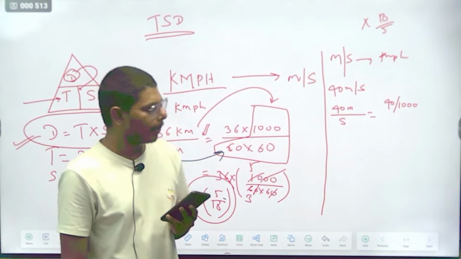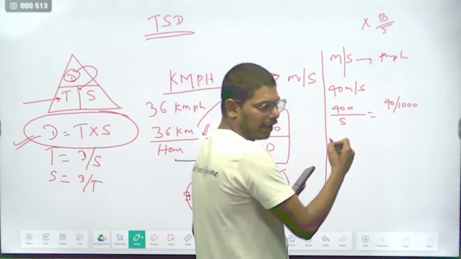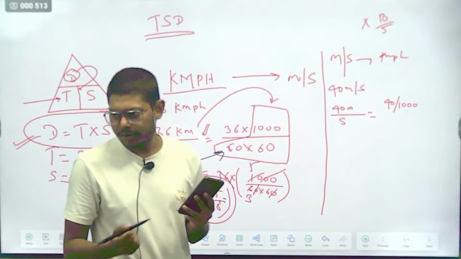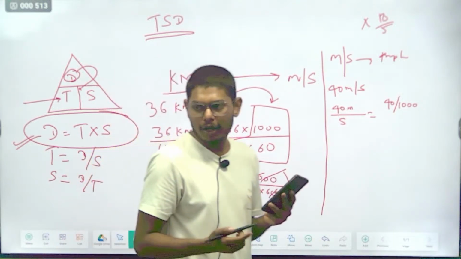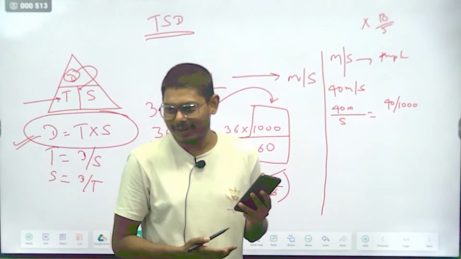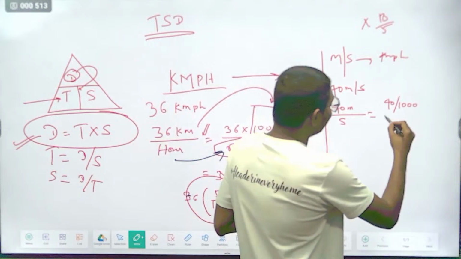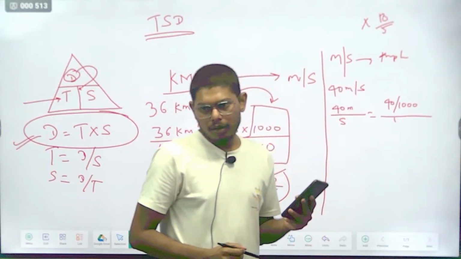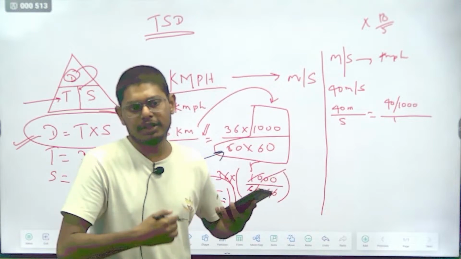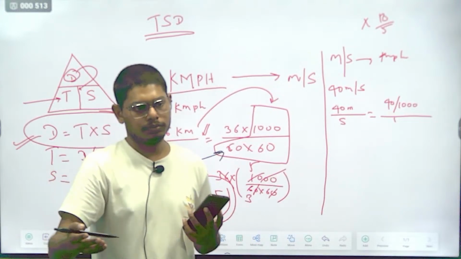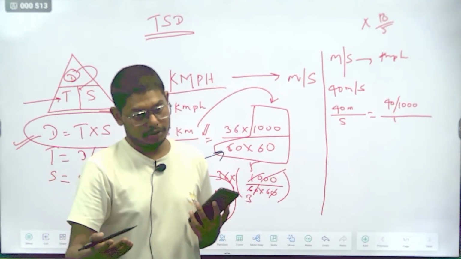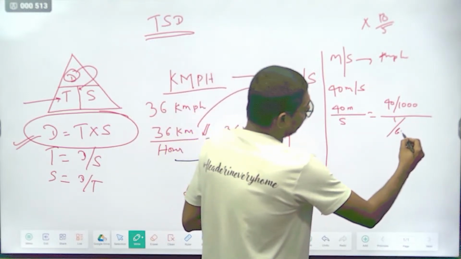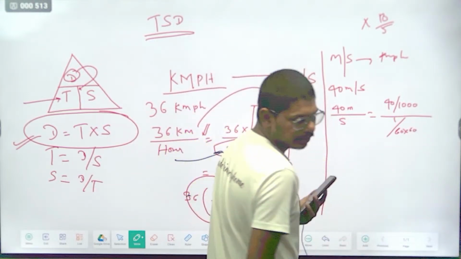And over here second means what? Is it 1 second? Yes, it's 1 second. So divided by 1. I'm changing 1 second into hour. Divided by 60 into 60.